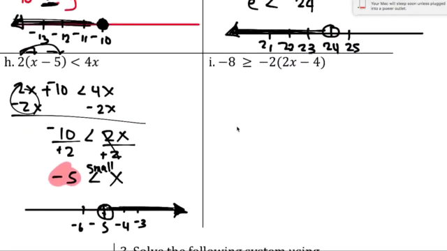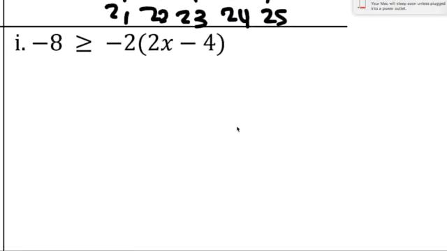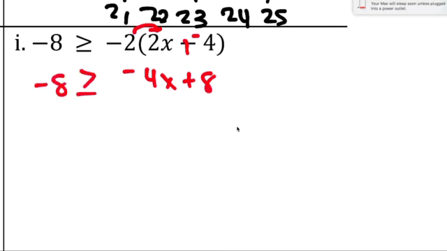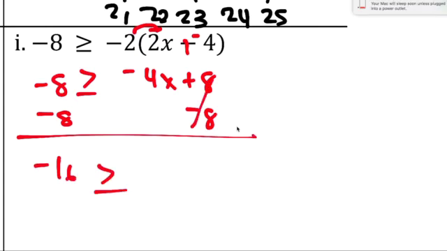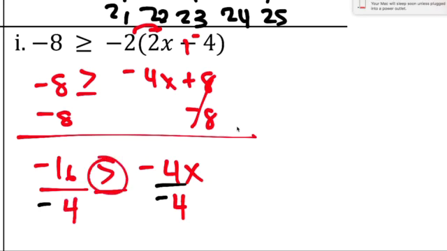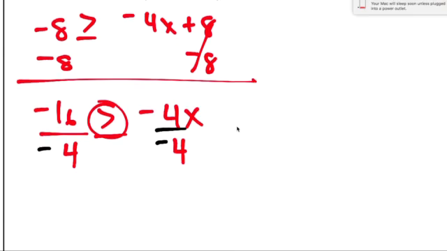All right, and this one too. Distribute negative 4x plus 8, subtract 8 from both sides. You get negative 16 greater than or equal to negative 4x. Now here, because you're dividing by a negative, this inequality switches. This inequality becomes a less than, and then don't forget the equal to sign.